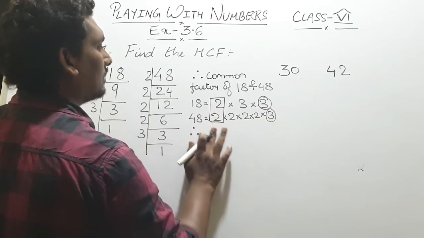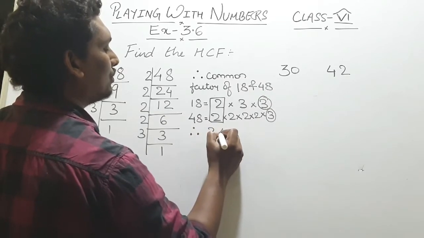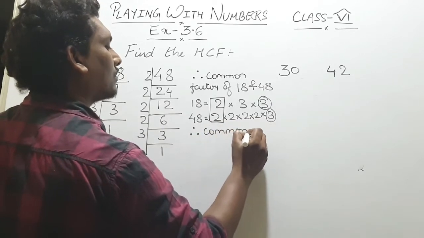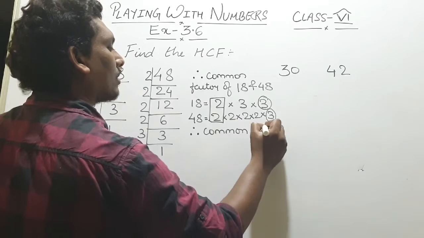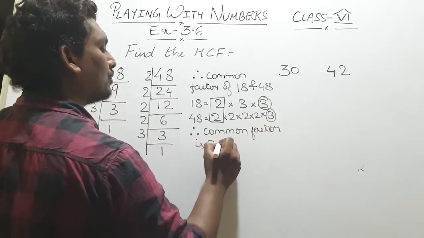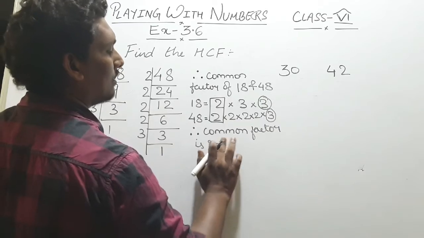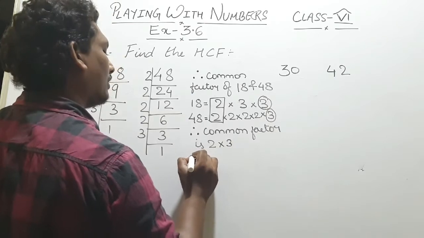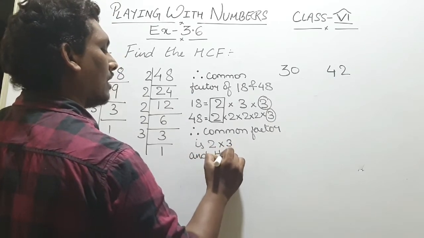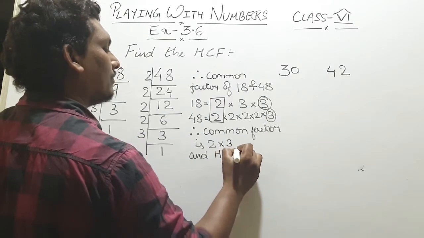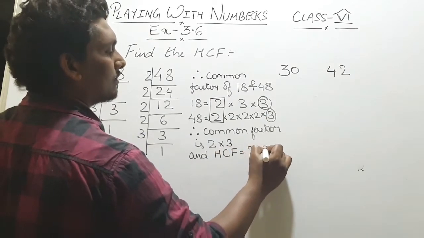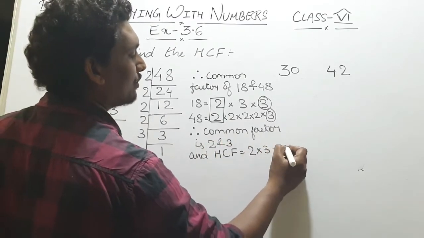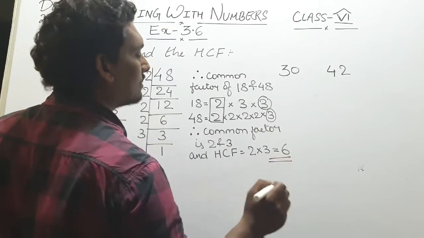this 3 is common, therefore its common factor is 2 and 3, and the highest common factor is 2 into 3, that is 6.